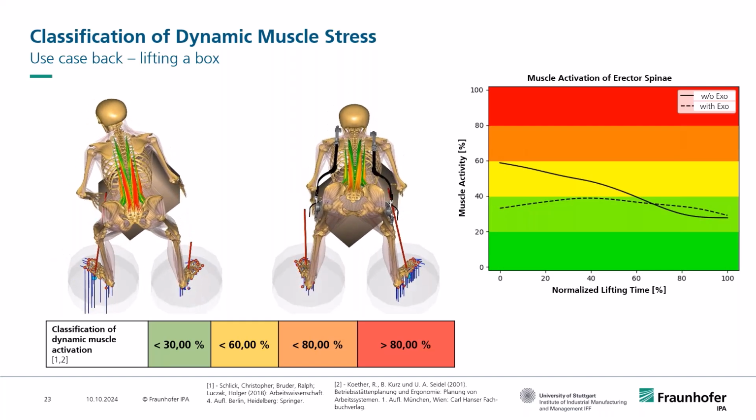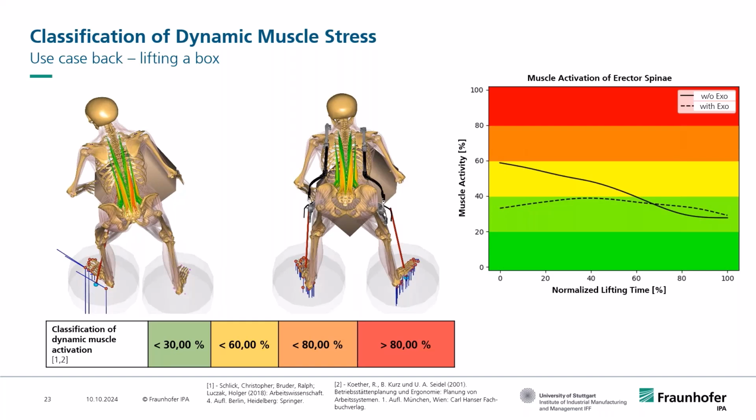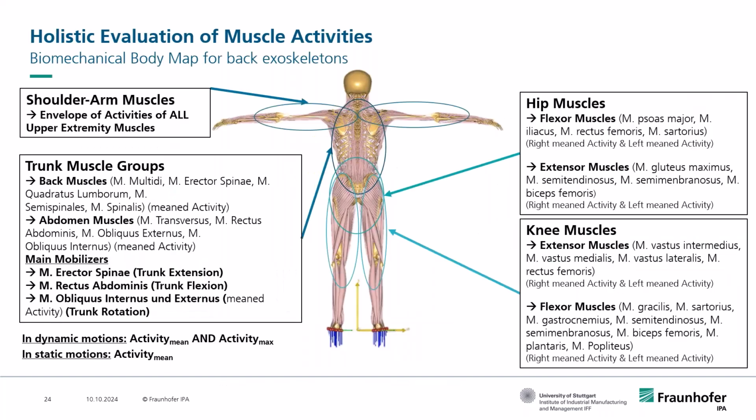And further, we developed a holistic evaluation of muscle activities and joint kinetics, and therefore we developed the so-called biomechanical body map for back and shoulder exoskeletons. I would like to outline here the back exoskeletons biomechanical body map.